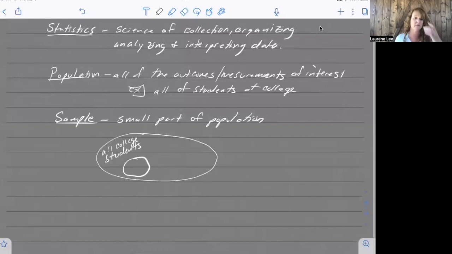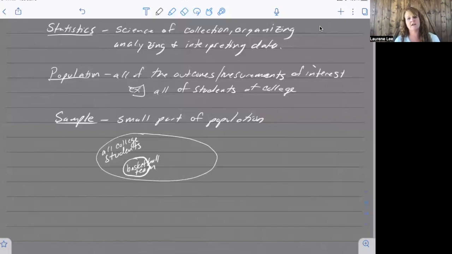Now, the issue though, is that you can create that sample, that smaller group, in a lot of different ways. And some ways are good, some ways are bad. Some create what we call a bias, which is like, well, you kind of picked them in a way that's going to skew the results. So for example, if I want to know the average height of the students in my college, and what I do is I go and I pull a sample of the entire basketball team and I measure their heights, what's going to happen?